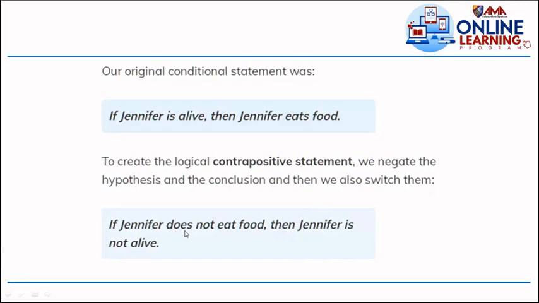If Jennifer does not eat food, ito na yung negation, does not, no? Eat food, yan yung statement B ninyo kanina, nandito na sa unahan. Then, Jennifer is not alive. So, the word not, negation, yung alive, that is your statement A, nasa conclusion na siya ngayon. Okay? If Jennifer does not eat food, then Jennifer is not alive. So, this is now the example of a contrapositive statement.